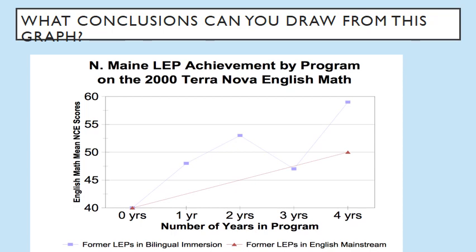As you can see, those students in those developmental bilingual programs where they had strong native language instruction performed better than students that only took classes in the all English context. And this is on a math test in English.